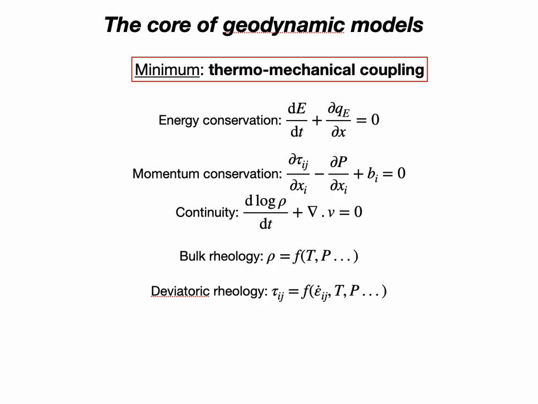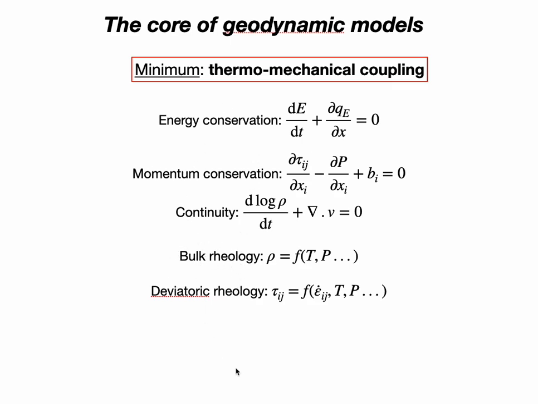So what are the ingredients of geodynamic models? In general, most geodynamic models have a minimum thermomechanical coupling. That's the minimum coupling level that is used for most models. It means that we need to take into account the energy conservation, the linear momentum conservation, the continuity equation, and we need closure relationships such as bulk rheology and deviatoric rheology.